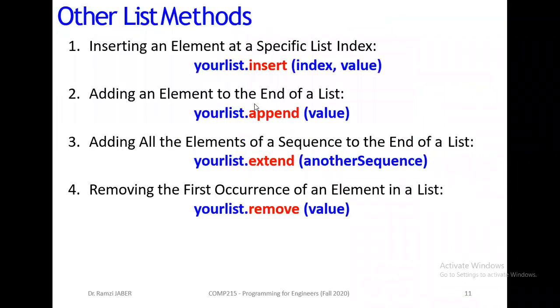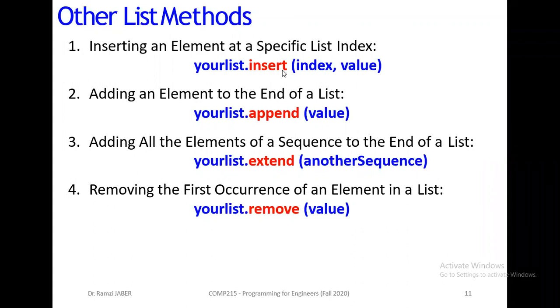Now we have other list methods, not only sort. Number one, inserting an element at a specific list index. We can use insert. Your list dot insert, given the index where you want to insert an element, and the value.